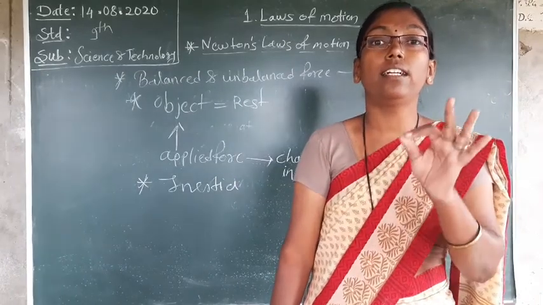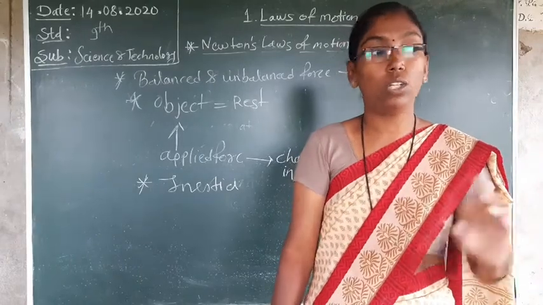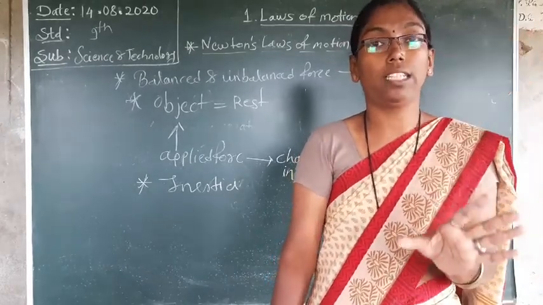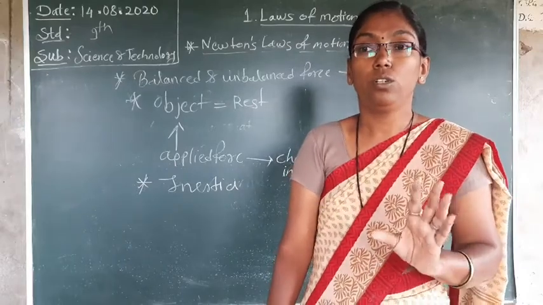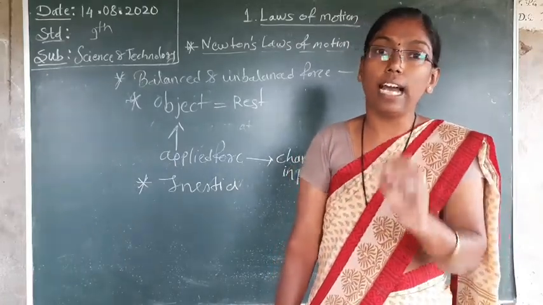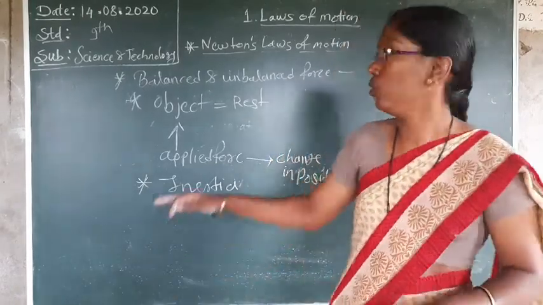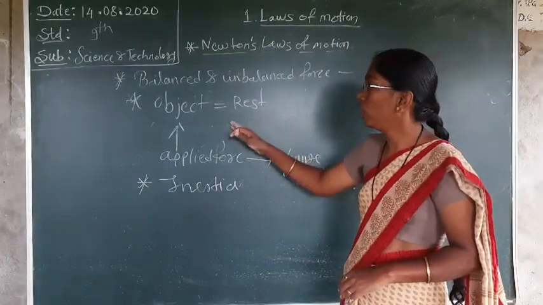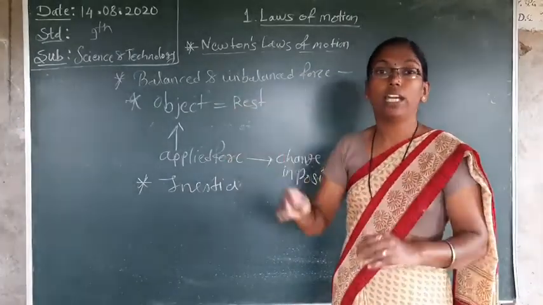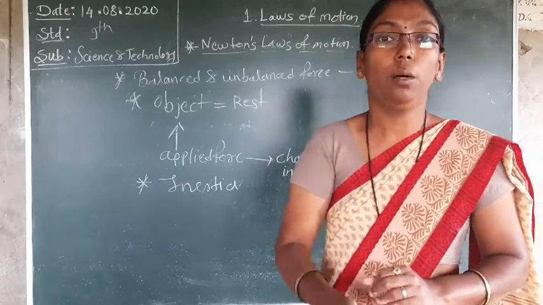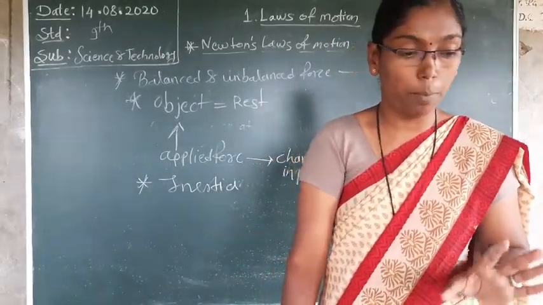Only if they want it, then only it will happen. If you want to pass up to 99.99, then only it will happen. If you don't want to, then it stays as it is. So inertia is related to Newton's first law, and what does Newton's first law say? An object stays in the rest position unless we apply an external force. As it is, you can write the law of motion.